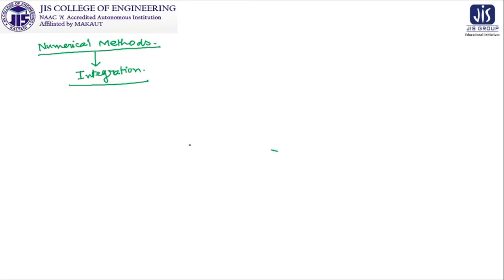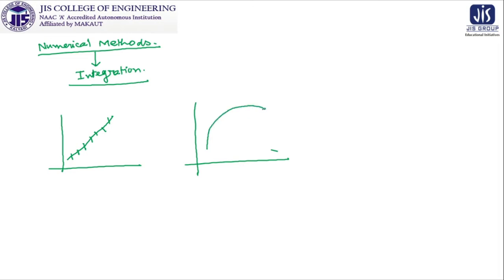But up to this, if we have gathered the information and the requirement or the relevance of this integration method, we are happy. But now I am going to propose one question in front of you. If you are approximating one straight line by some piece of straight lines, and if you are approximating a curved line by some piece of straight lines, look at this.